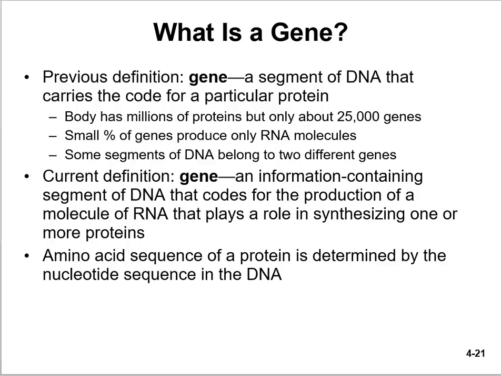So that brings us to our current definition of a gene. It's an information-containing segment of DNA that codes for the production of a molecule of RNA that then goes on to play a role in synthesizing one or more proteins. The amino acid sequence of a protein is determined by the nucleotide sequence in DNA.